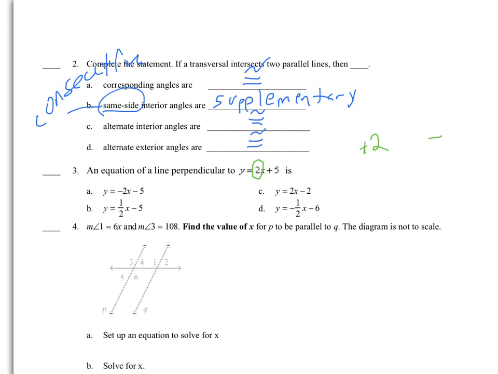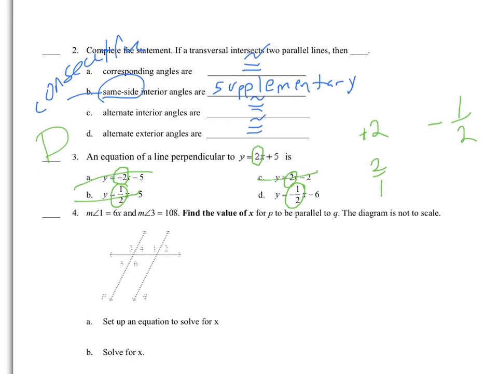And the reciprocal of 2, which as a whole number is 2 over 1, would be 1 over 2. Which of these has a slope of negative 1/2? That one does not. That one's 1/2, but it's not negative. 2, that one's not, and we have negative 1/2 here. And that's really all we're looking at on number 3.